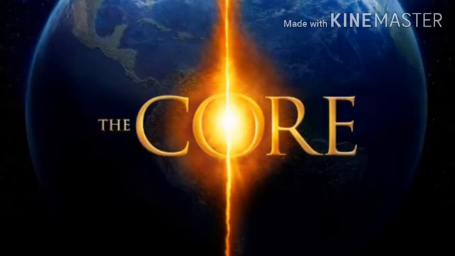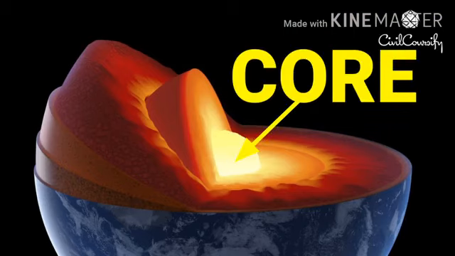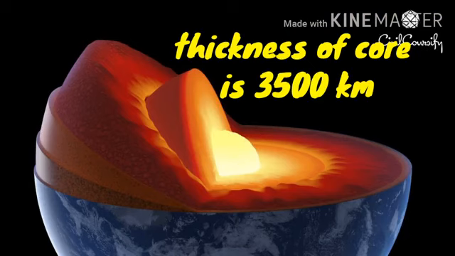The innermost layer of the earth is called the core. So let's see the third layer of the earth, which is core. Students, the core has a thickness of about 3500 km. It is divided into two parts, the inner core and the outer core.